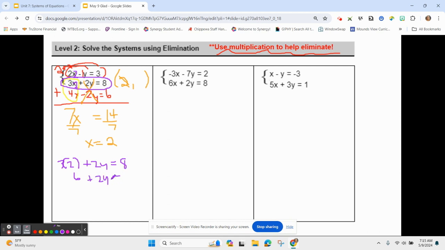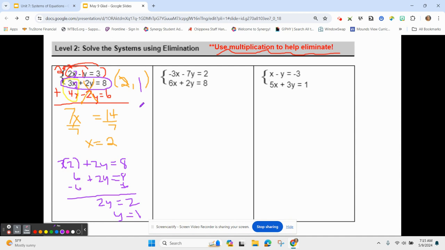Writing with a mouse is annoying. Minus 6, and so when I balance this off, I get 2y equals 2. Oh, looky here. Divide by 2, y equals 1. So I have my solution right here, and I was able to do that by forcing multiplication.